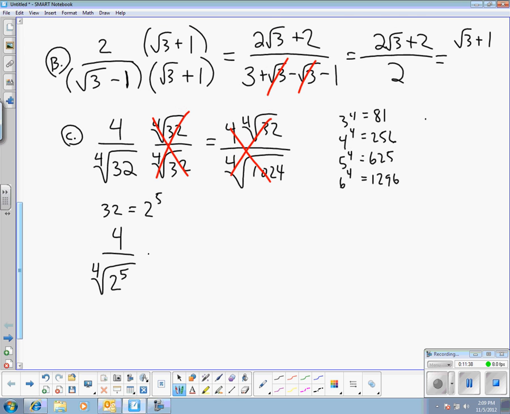So what if I choose to multiply by the fourth root of 2 cubed? In other words, I'm going to multiply by the fourth root of 8. So let's see what happens there. I get 4 times the fourth root of 8 on top, and I get fourth root of 2 to the fifth times 2 to the third, which is 2 to the 8th.